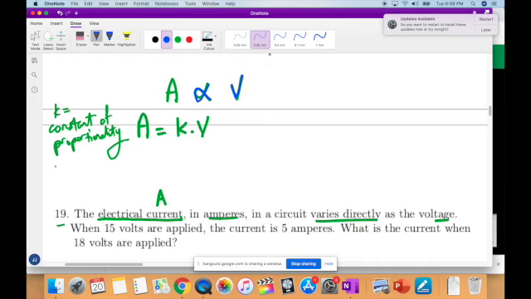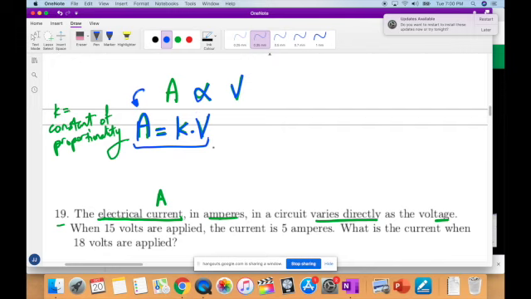Therefore, the next step is to form my equation: the amps are equal to the constant of proportionality multiplied by the volts. Now that we have the equation, let's see if they gave us any information to figure out what the constant of proportionality is.